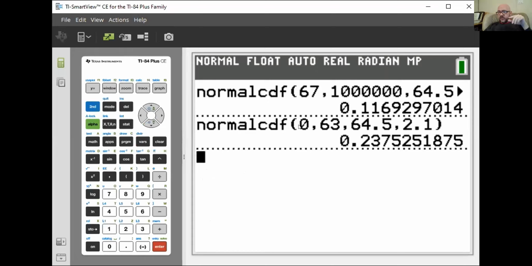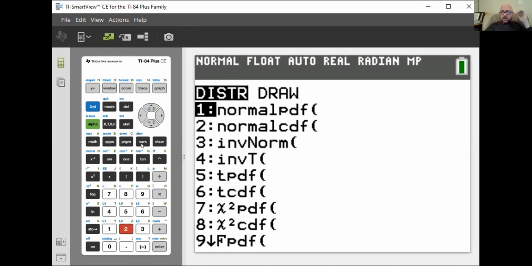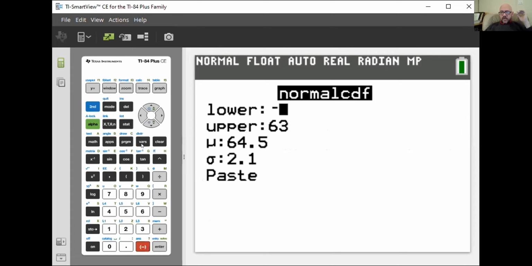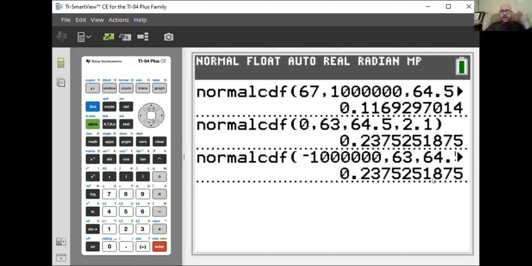What if instead of 0, though, I used negative infinity or just negative some big number? Let's see what that looks like. NormalCDF. So what if I do negative 1 million? Is that 1 million? Yeah, it's 1 million. Oh, hey, exactly the same. Look at that.